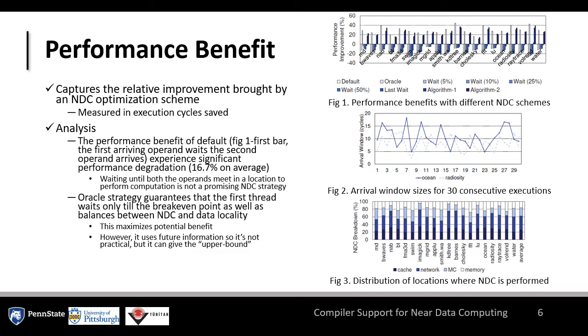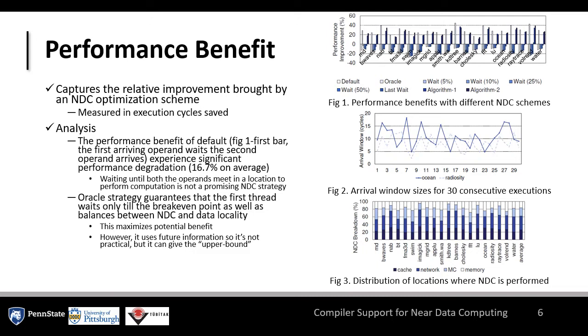So in, for example, wait 10%, operand A comes, and if the arrival window, this is a simulation-based study, is, let's say, 100 cycles, then we wait only 10 cycles for the second operand to come. If in 10 cycles the second operand doesn't come, we go back to conventional computation.